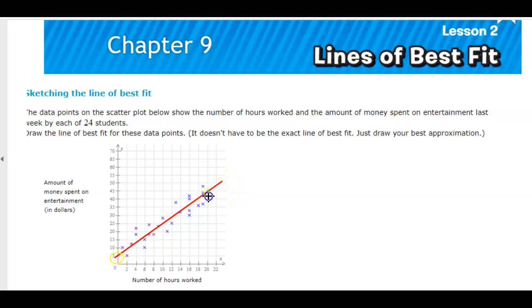Maybe up here we can go ahead and say that that point is over 20 and up 45. So if we had to write the equation of a line, we could use those 2 points, this one here and this one here. Then we can figure out the slope, and then we can write the equation of a line. Okay, is that necessary on this problem? Nope. So we are done with problem number 1.